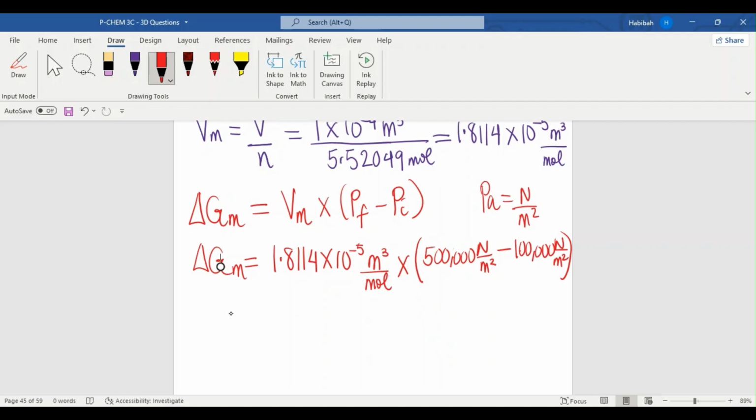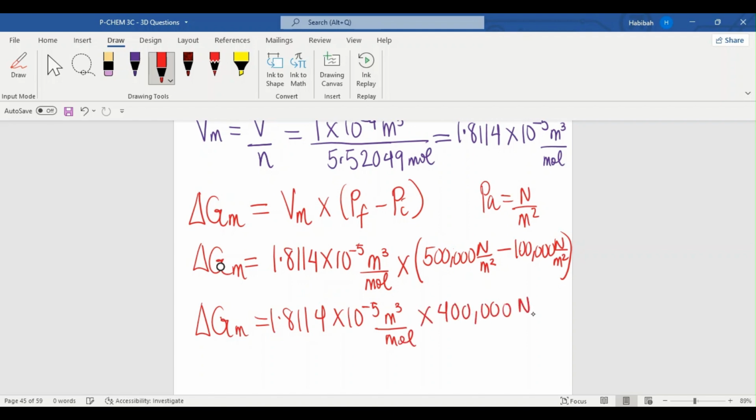So that's how it's done. So you have change in G molar to be 1.8114 times 10 to the power negative 5 meter cube per mole times 400,000 Newton per meter squared. Cancel out meter squared, cancel out meter.